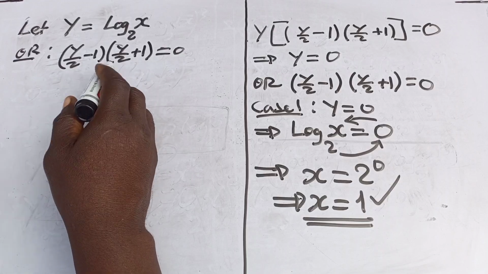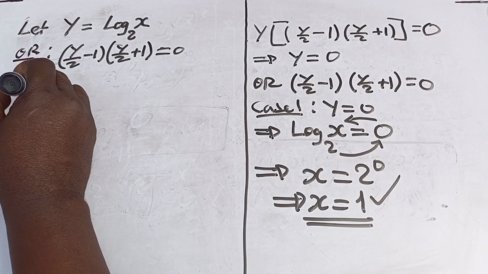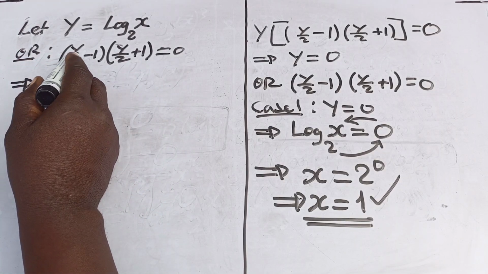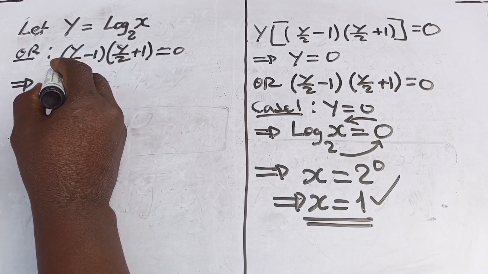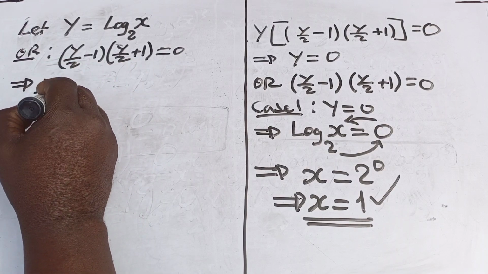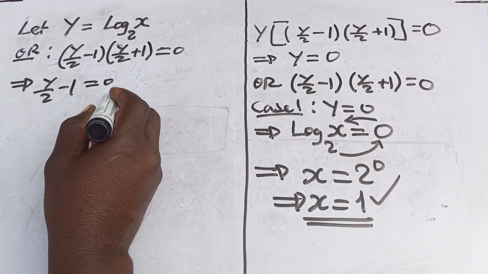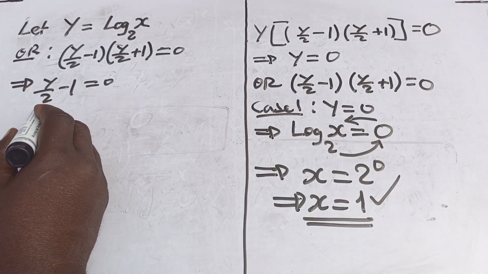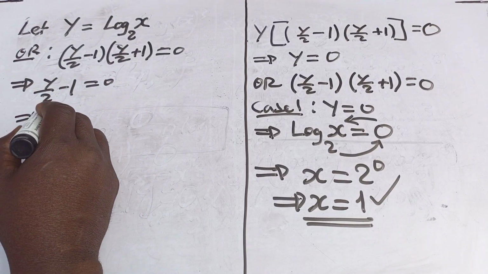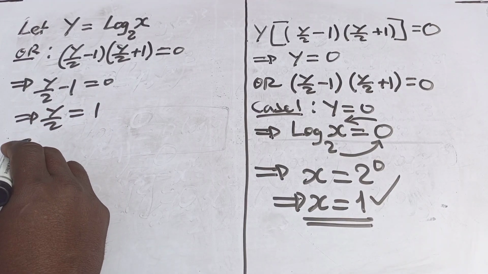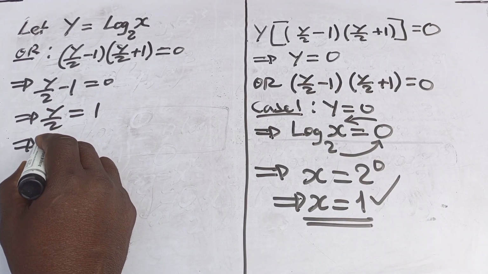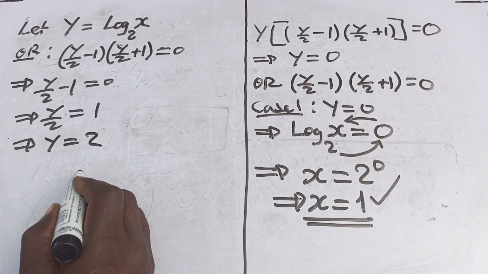Here we have a product of two expressions giving us 0, so we'll carry out the same reasoning. Either this first expression is 0 or this other expression is 0. So either y all over 2 minus 1 equals 0. Let's progress with this one first, which also means that y all over 2 will be equal to 1. Which also means, when we multiply both sides by 2, y is equal to 2.